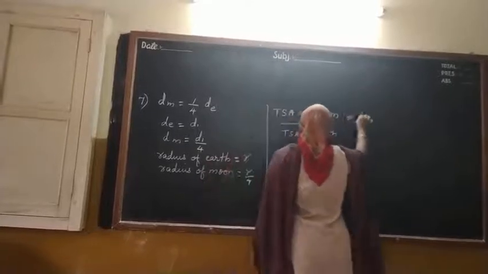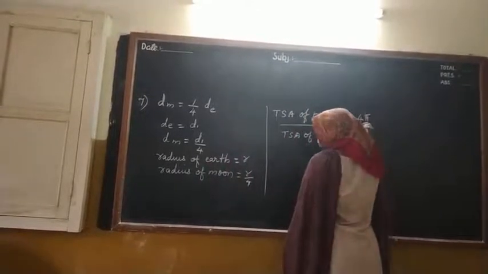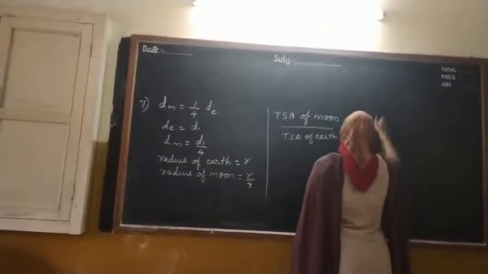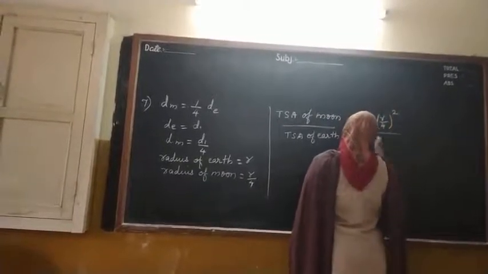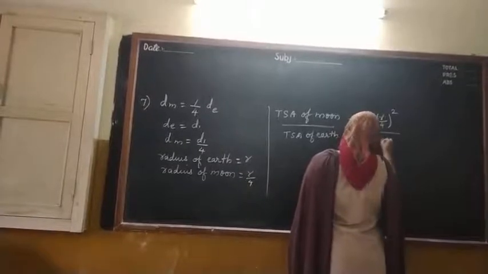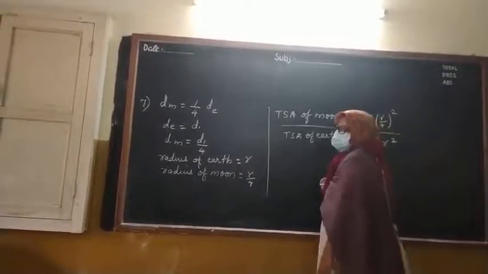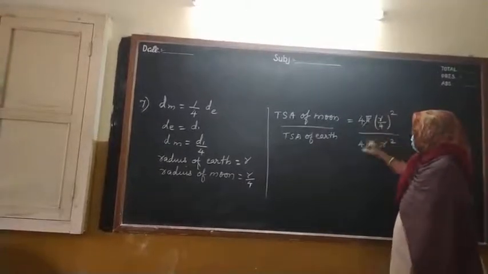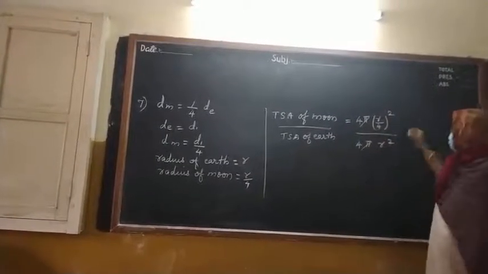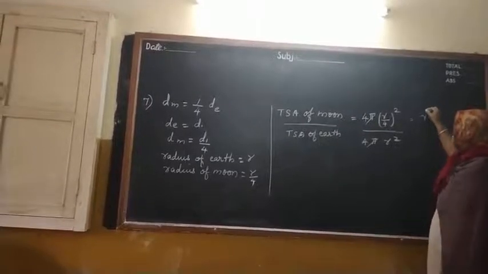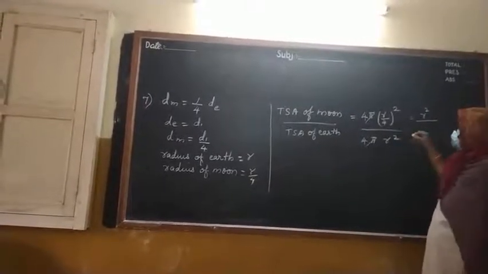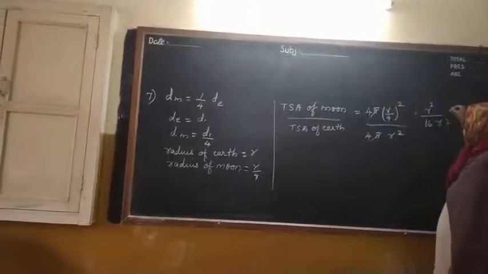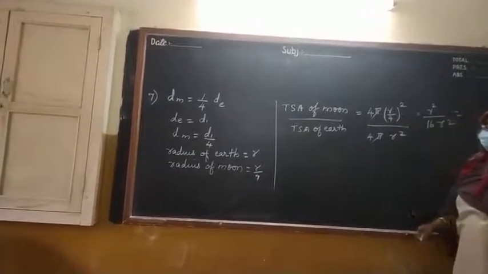So 4 pi R by 4 whole square, then 4 pi R square. Now 4 pi you can cancel. So R square by 16, R square you can cancel.